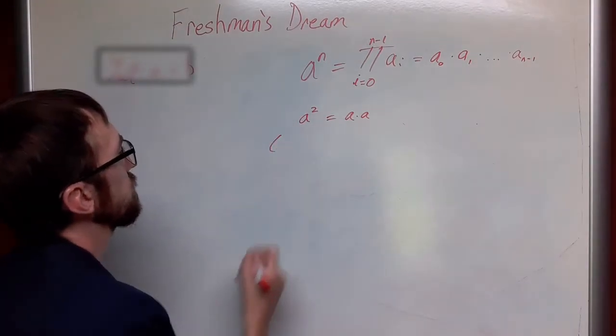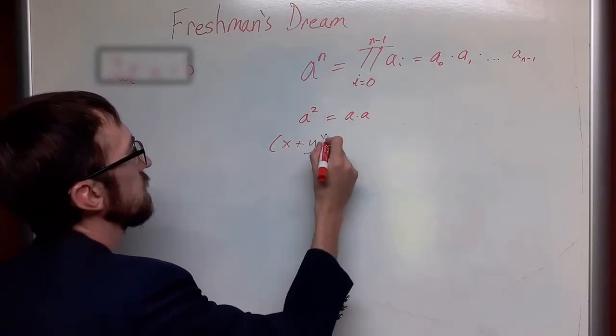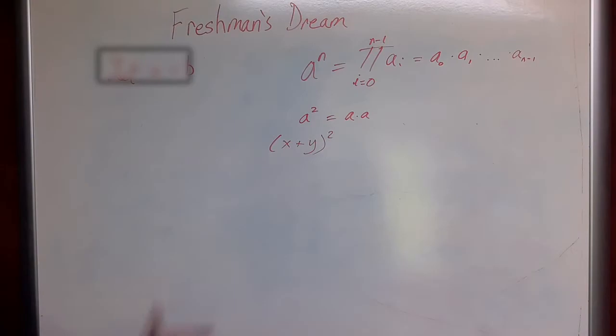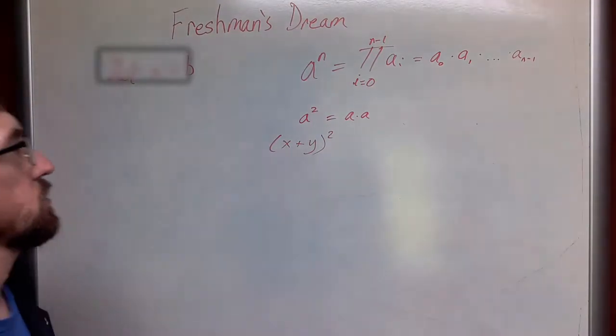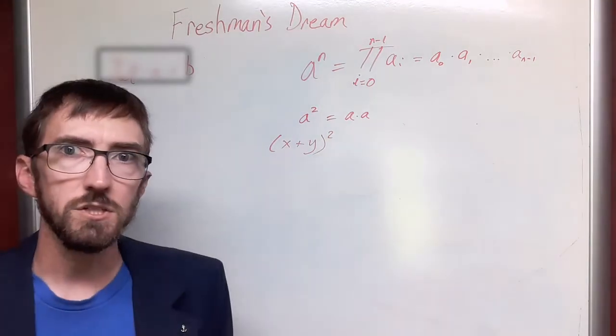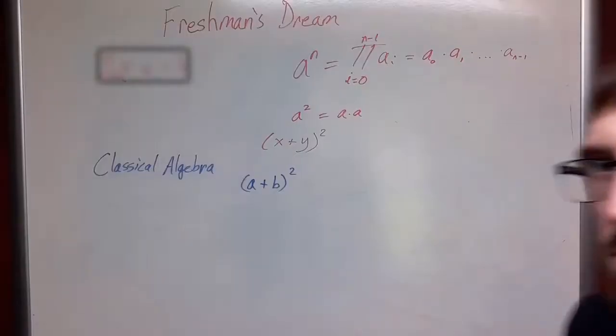When we look at something of the nature of a binomial and we square this, what does that mean? Well, that's going to be driven from this definition. So this is going to be our first algebra that we discuss.